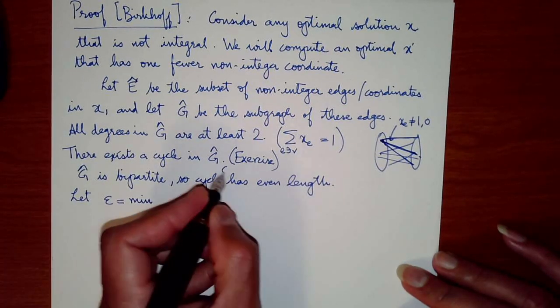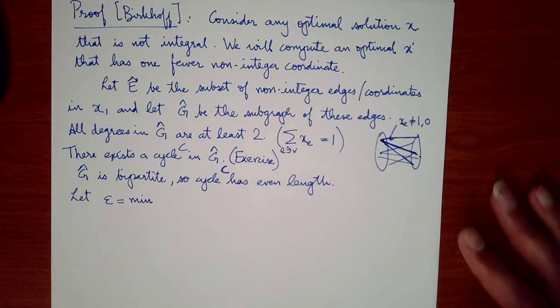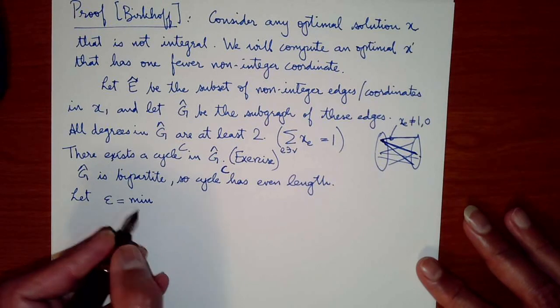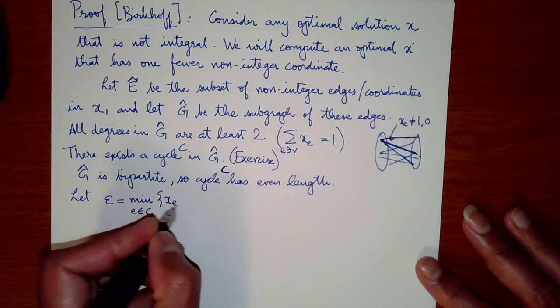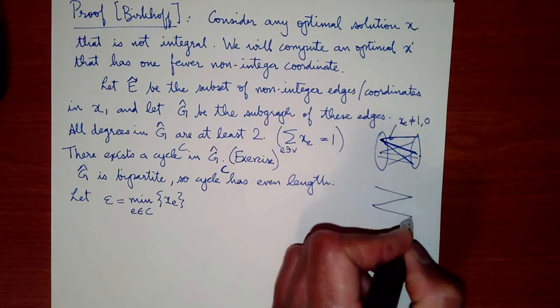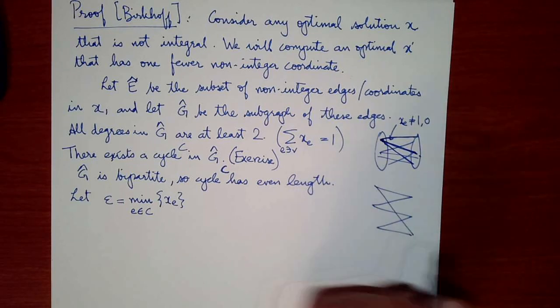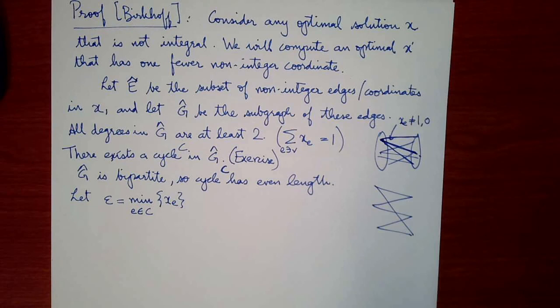There exists a cycle C, and C has even length. So I'll take the min over every edge in C of xe. Let me just look at the minimum value on the cycle.